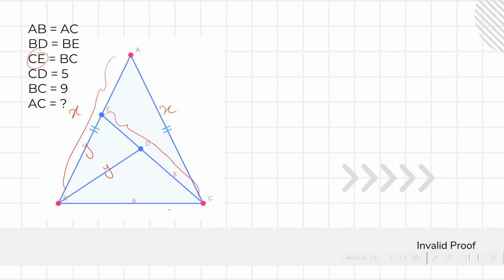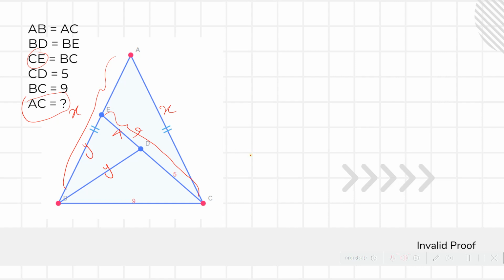This is 9, and I just put 9 on it. I don't name it because it has a number. Since this is 9 and CD is equal to 5, this would give us ED equals 4, and BC is 9, which you can see on the screen, and what we want is this.